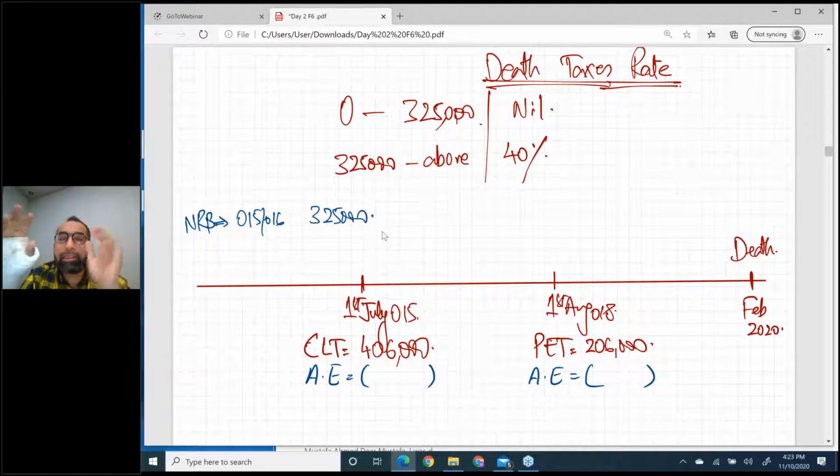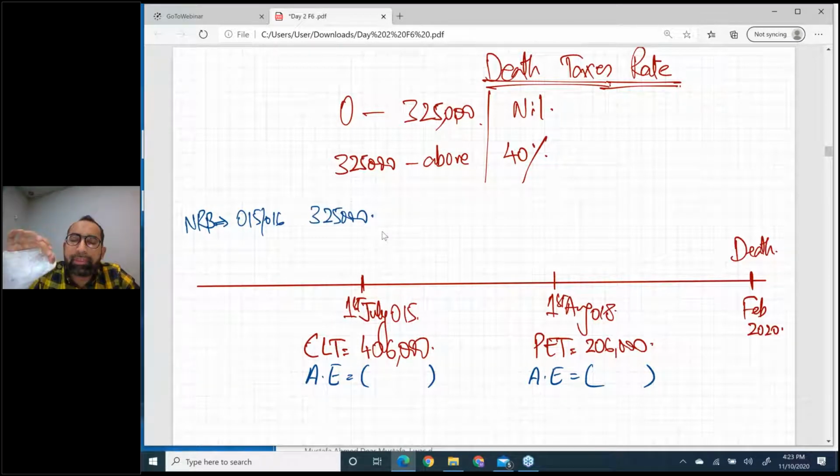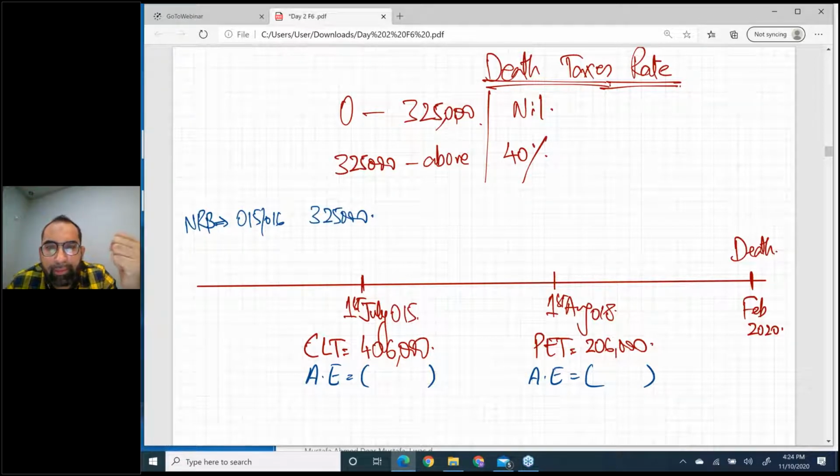What are the taxes' names? The question is, name the taxes which are computed at the time of death. You can count. One is PAT: if PAT is done within the last 7 years of death, then this PAT is chargeable at the time of death.